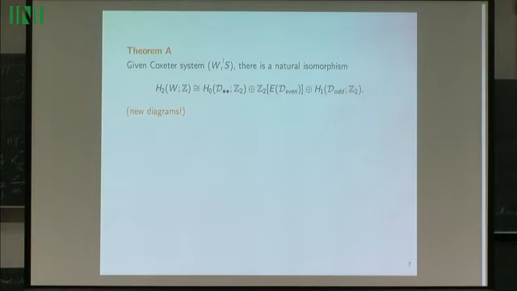The natural in this statement means that with respect to full inclusions, you can think of a category of Coxeter groups where your morphisms are full inclusions, and on one side you have homology, which is a functor. On the other side, you create these new diagrams, which I will define on the next slide.